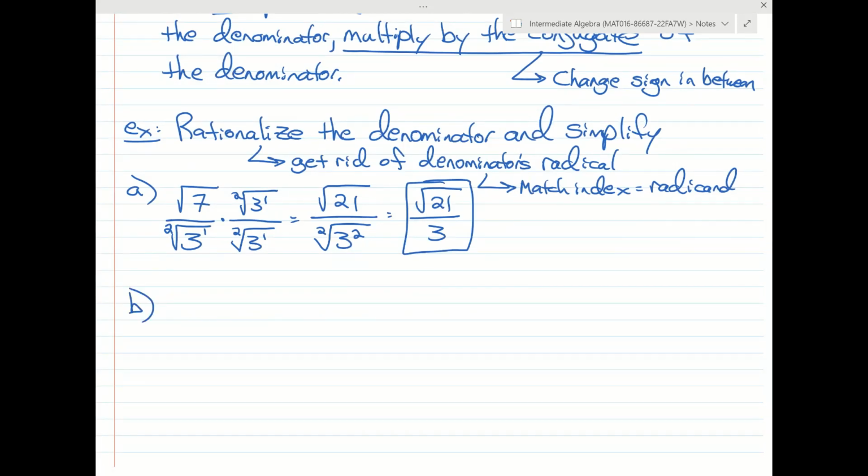What if we had 1 over the square root of 2y? Nothing to simplify. This is really a second root with the 2 to the first, y to the first. What we want to do is multiply by something so that our denominator turns into the second root of 2 squared y squared.